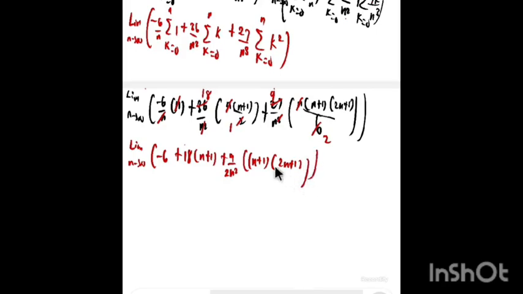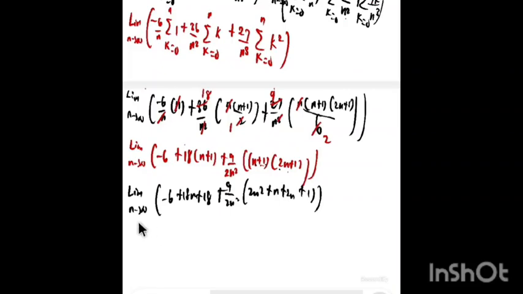Now if we open the bracket right here to simplify this completely so we can find the limit, we have the limit as n tends to infinity of negative 6, 18 multiplied by n gives us 18n, 18 multiplied by 1 gives us 18, then 9 over 2n squared. Before that, let's expand this: n multiplied by 2n gives us 2n squared, n multiplied by 1 gives us n, 1 multiplied by 2n gives us 2n, and 1 multiplied by 1 gives us 1.